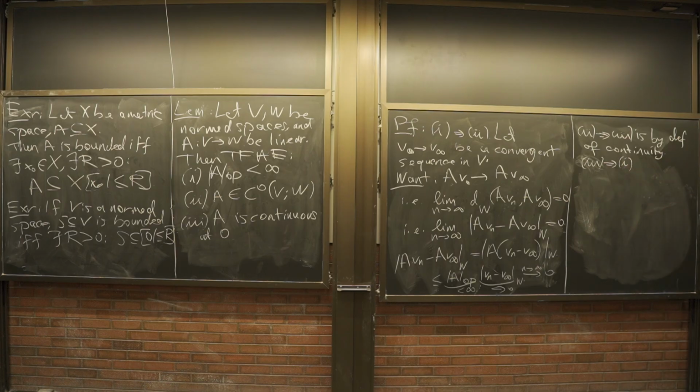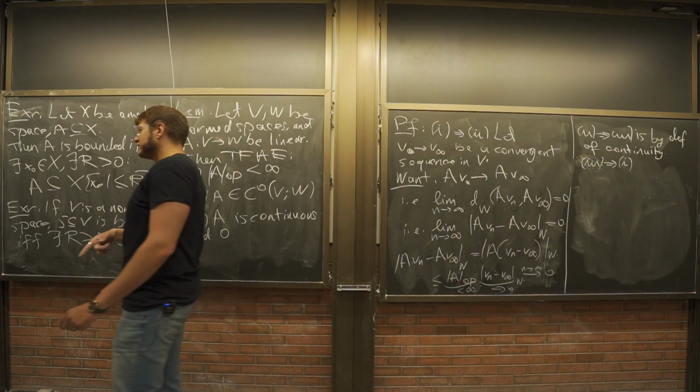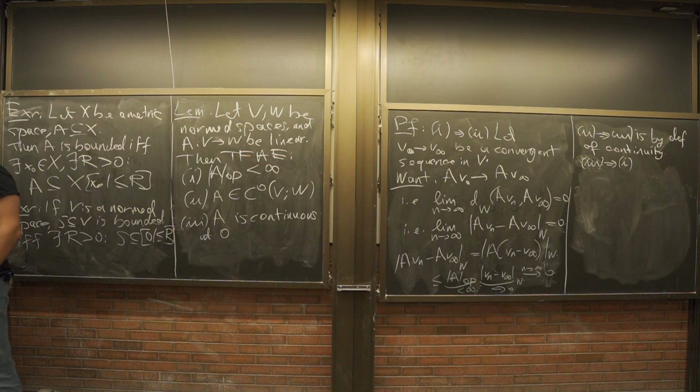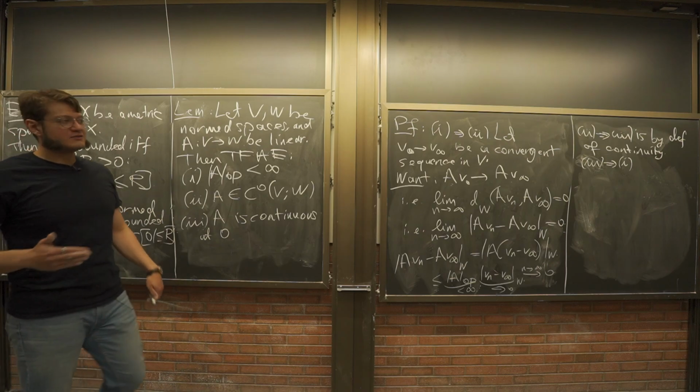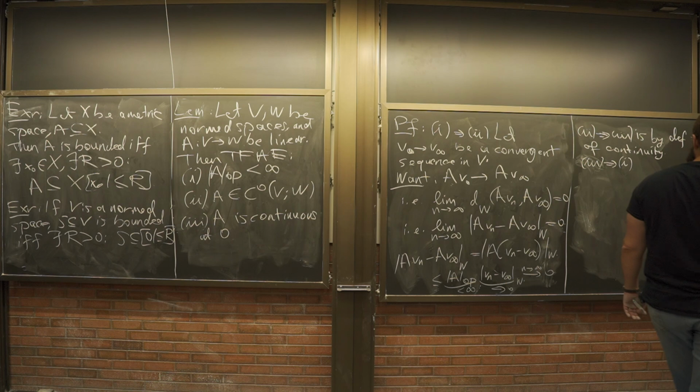How to do this? Well, now perhaps it's easier to use the epsilon delta. For any epsilon, there's a delta such that for any v whose norm is bounded by delta, AV has norm bounded by epsilon. That was the epsilon delta definition.